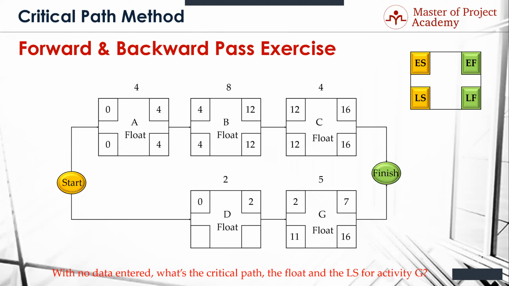Okay, so now what do we got for D, Dave? 11 underneath the 2, and then a 9. And now you've completed the forward and backward pass, and we now know all the numbers that we already knew when we did it with no data in it. Now we can calculate the float. The float's going to be 0, 0, and 0 because that's critical path. And the float for the bottom ones is going to be 9 and 9. Clear?